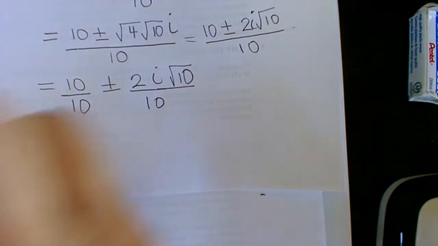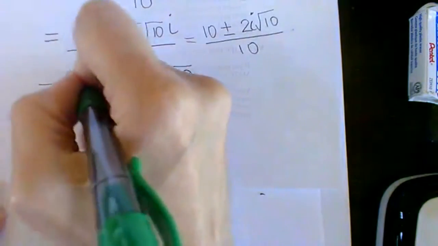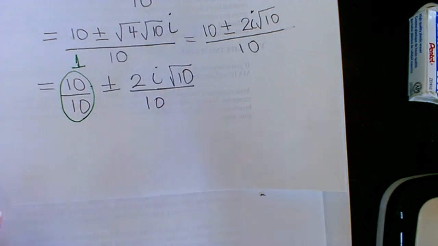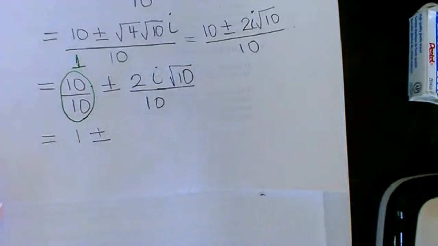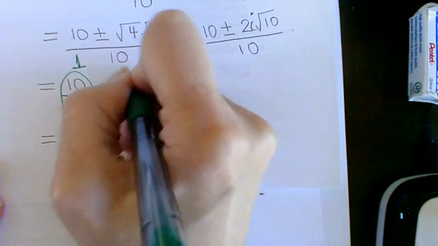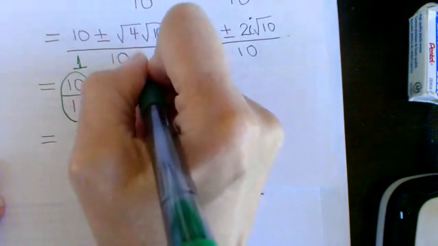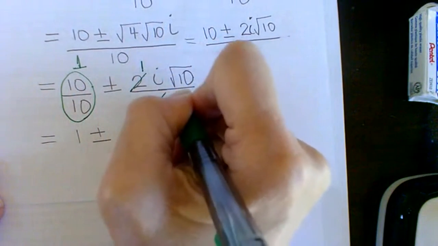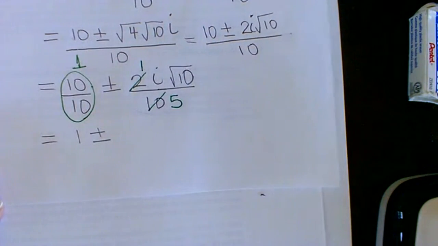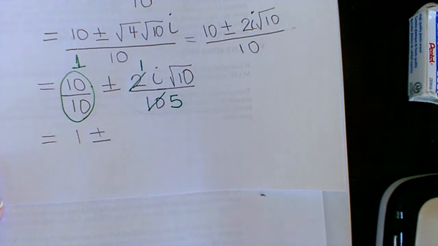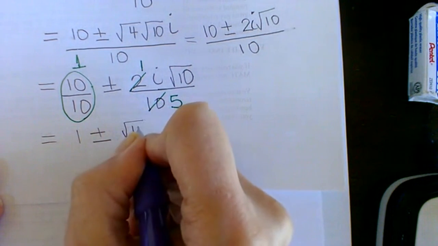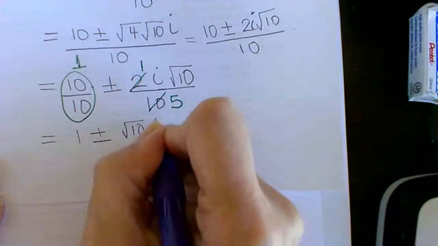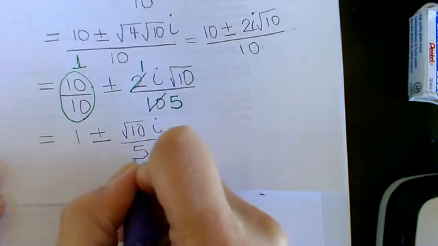Okay? So what do I get here? I'm making a 1, right? So this is going to be 1. And what do I have here? The 2 and the 10 divided by 2 is 1. Divided by 2 is what? 5. So what I'm going to have is the square root of 10 i divided by 5.